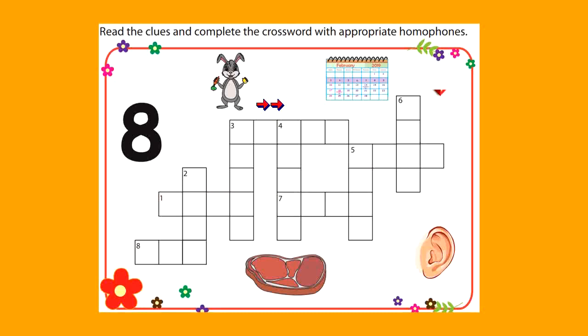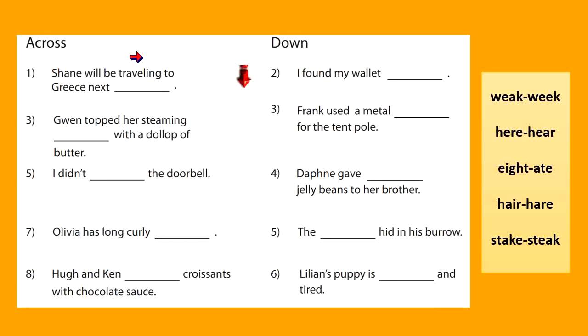So do you know how crosswords work? Yes, we have these grids and numbers written on them and clues that help us to fill up this grid. So let us look at the clues now. So here we have the clues. On one side it says across and the other side says down. Can you see the movement of the arrows?